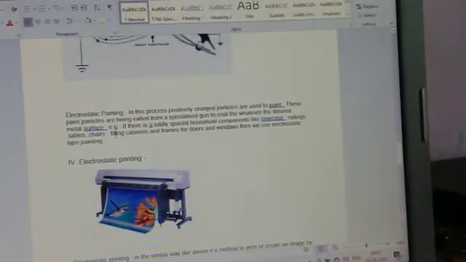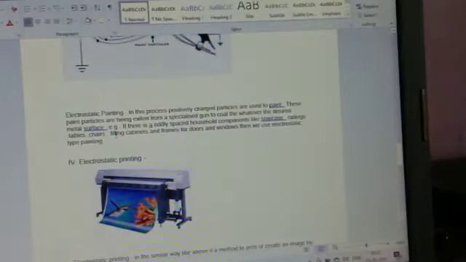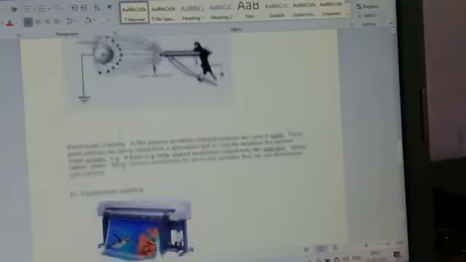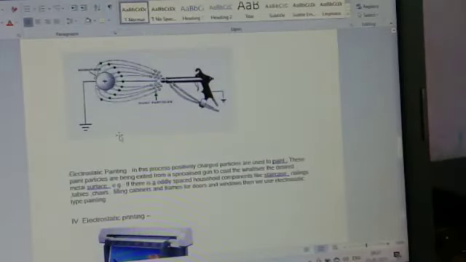Since this process is done for metals, suppose we have prepared an architectural building, and we have to color railings, tables, chairs, and other household components like a staircase, cabinets, frames for doors and windows.